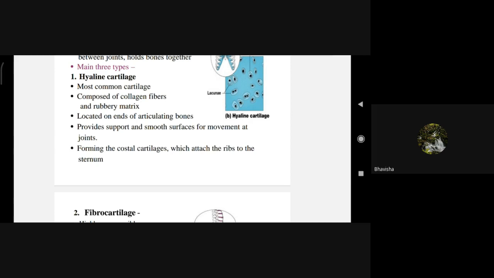When we see the structure of the chest, the sternum is the middle bone. Where the rib bones, or costal bones, join the sternum, there also we can find hyaline cartilage.